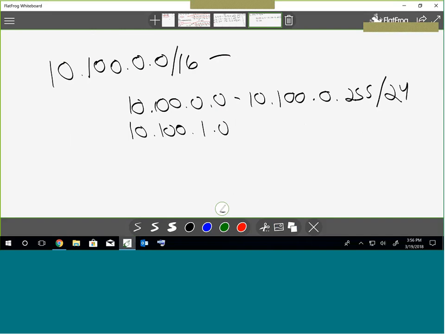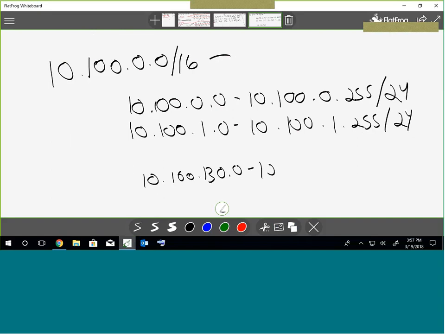So in other words, we've got all of these networks in the building or in buildings. But you can even do this. Let's say that the room number is 130. You can go ahead and say that the subnet for that room is going to be 10.100.130.0/24.